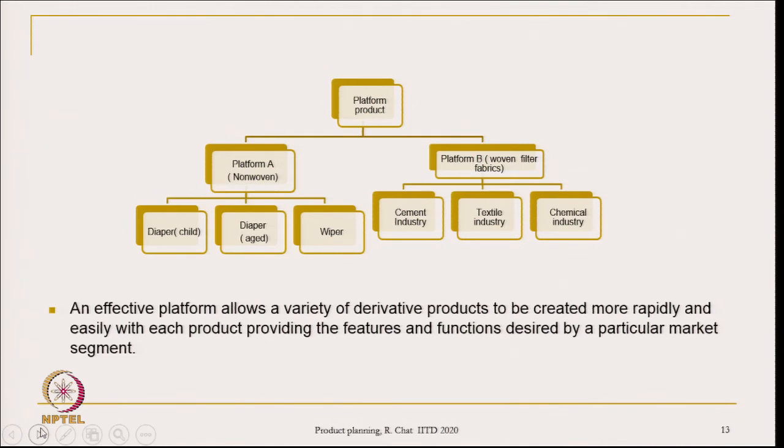If I was earlier making products only for the cement industry or textile industry, then I can think, let me also try to make something for the chemical industry now, to develop some filters which can be used for the chemical industry or maybe for the pharmaceutical industry. So, these are basically called derivative products, creation of derivative products.